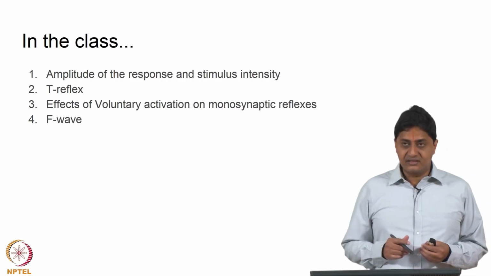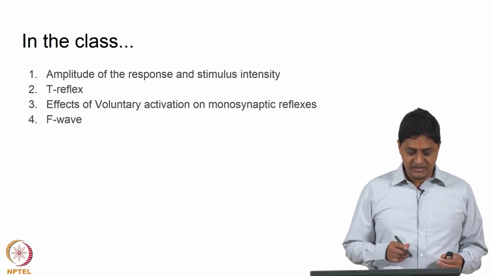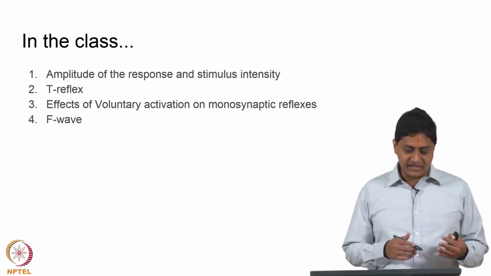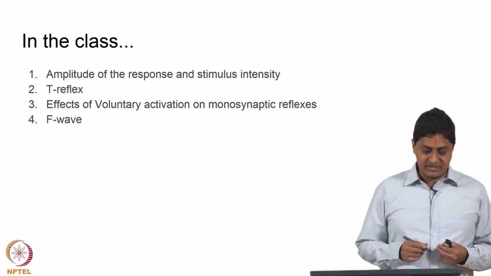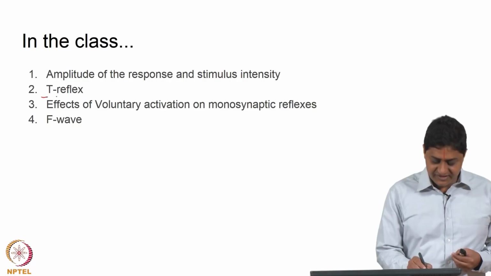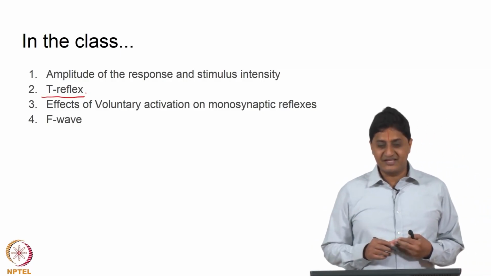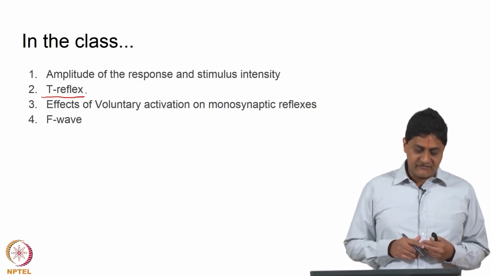And then the mechanical analog of the H reflex, or more precisely, the H reflex is the electrical analog of the mechanical response, the tendon tap reflex, which is also called the T reflex. And then what happens to monosynaptic reflexes, especially the H reflex, when there is voluntary muscle activation?